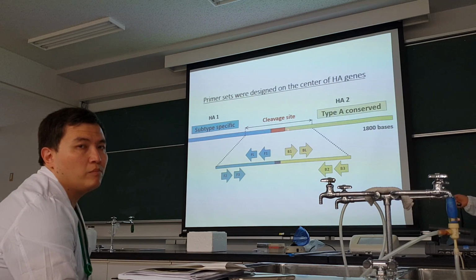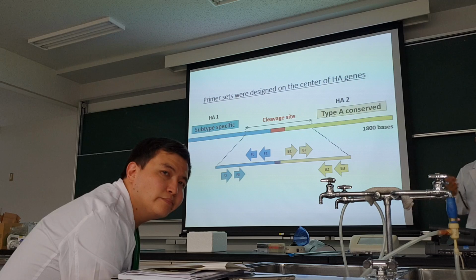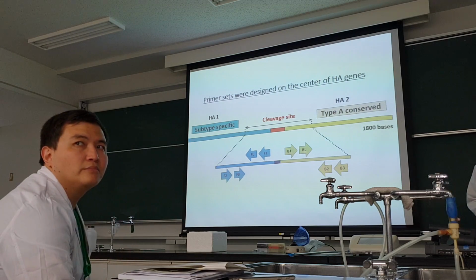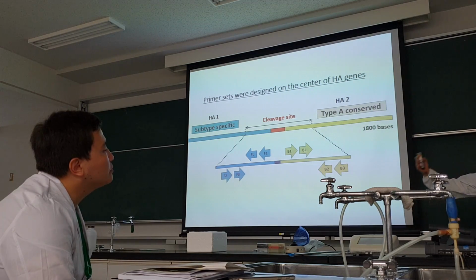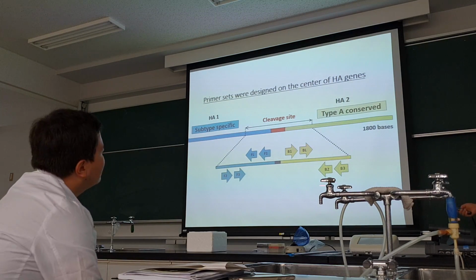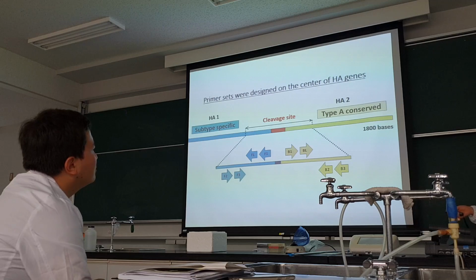And this is a cleavage site that divides it into two proteins, which is required for replication in the cell. This is the conserved region of the HA, sometimes conserved among subtypes. Our primer set is designed like this, in this position.